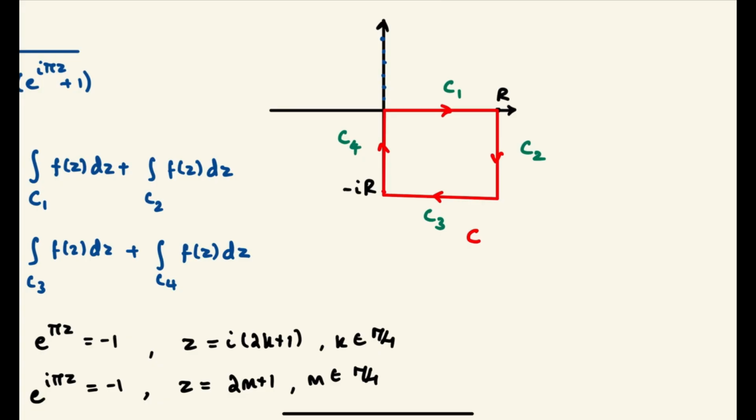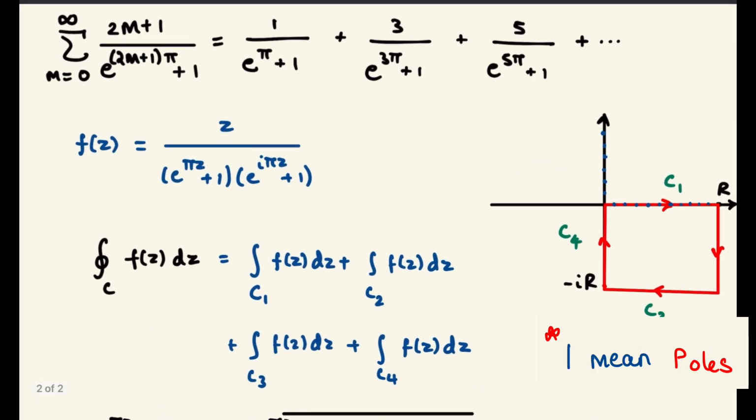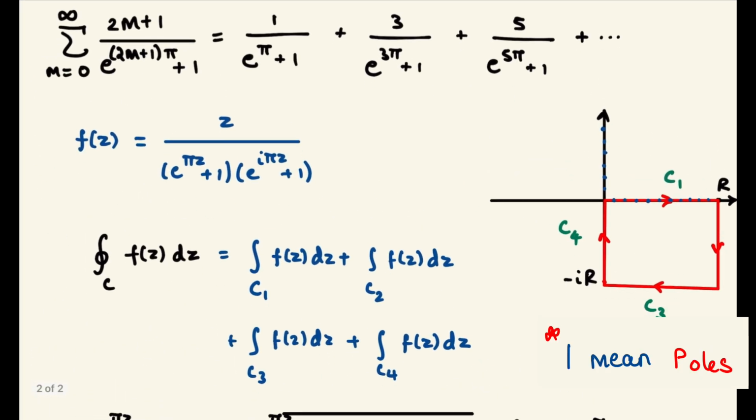So we literally don't care about them. But the bottom ones, however, they are on our red C1 section on the top. And they include points such as 1, 3, 5, 7, basically odd points. And this function here has a pole at all of those odd points, essentially.